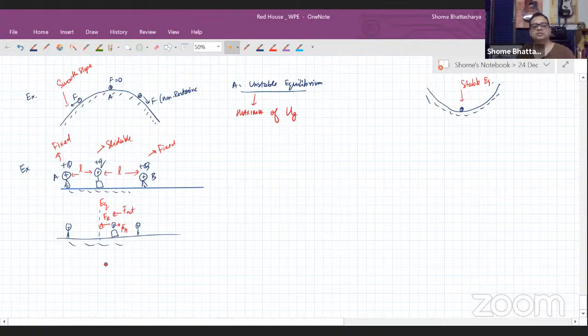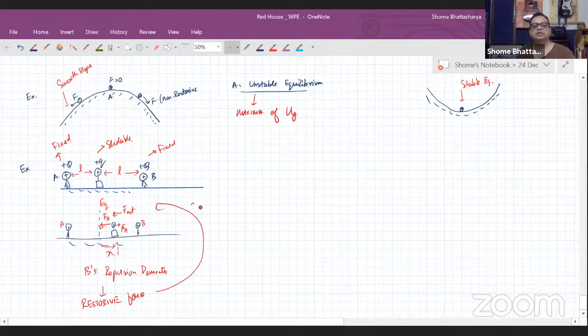It will be like this, because it has come closer to B. So B's repulsion dominates on this side, whereas if you take it to the other side, A's repulsion will dominate. So this is which type of equilibrium point now? There is a restorative force. So this point becomes a stable equilibrium.